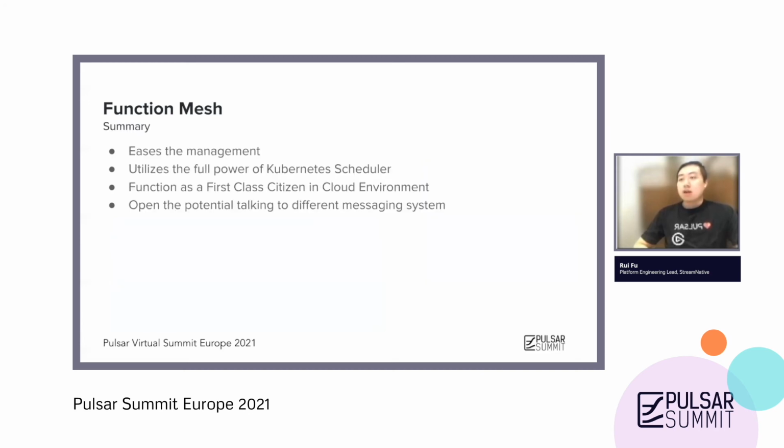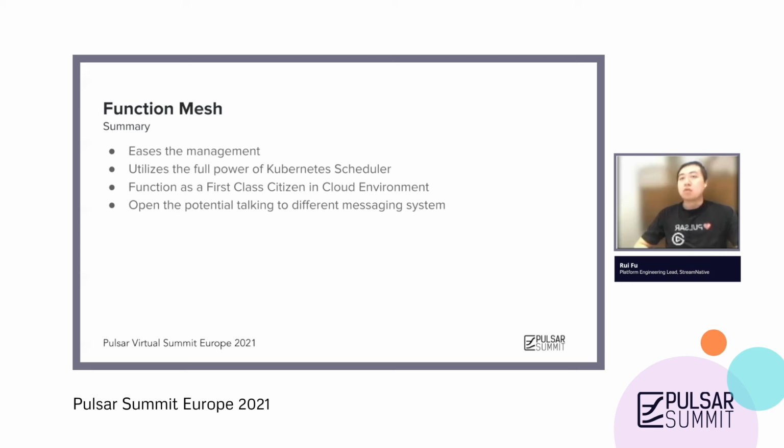So here comes the summary, where I will elaborate on the key benefits of Function Mesh. We built Function Mesh to ease the management of Pulsar functions when you run multiple instances of functions together, and Function Mesh utilizes the full power of the Kubernetes scheduler.